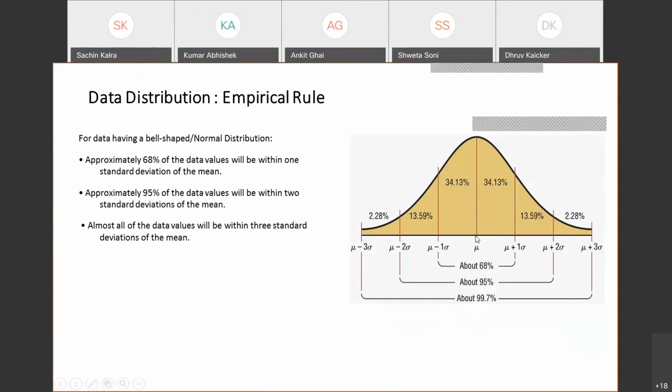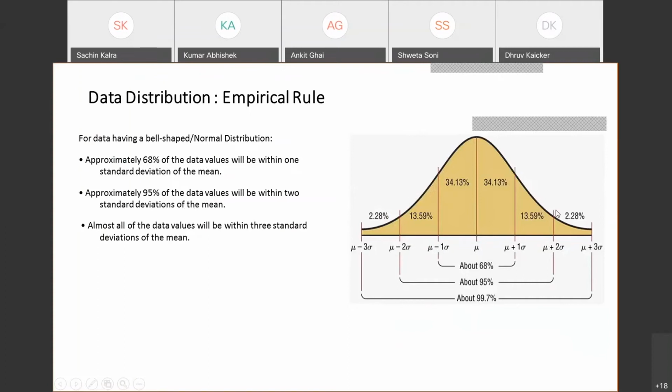It could be 68 point something, not exactly 68, I am just using the word approximate. And if we go to two standard deviations from the mean, we get around 95% of the data. So 95% of data values will be within two standard deviations of the mean.